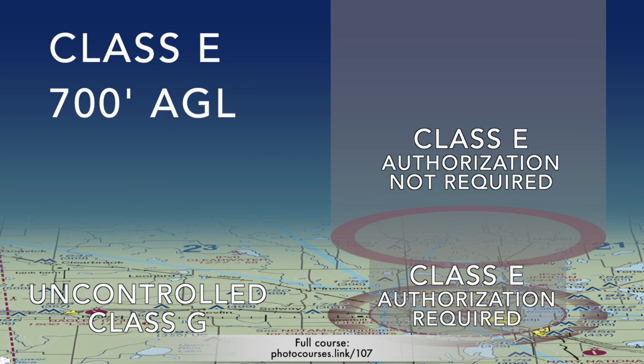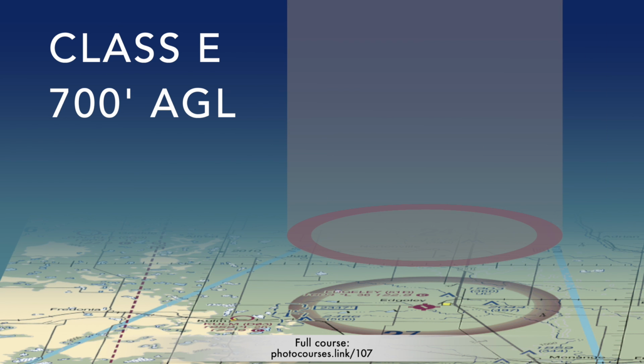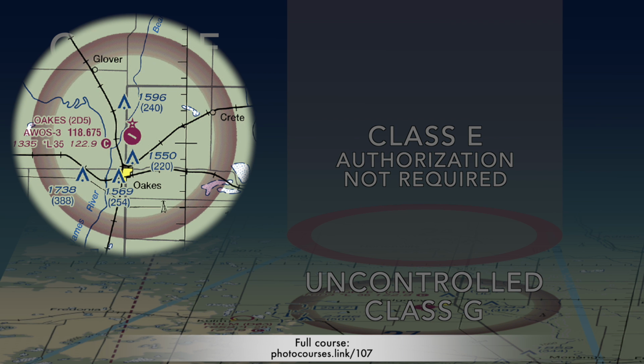Now for the final example, we showed this Class E airspace surrounding an airport that had Class E airspace going down to the surface. But you can also find this type of airspace above airports that are uncontrolled. So if you look at this example, you have this thick shaded magenta line surrounding this airport, but you have no other lines.